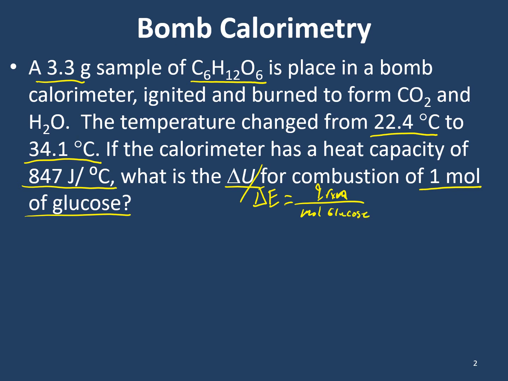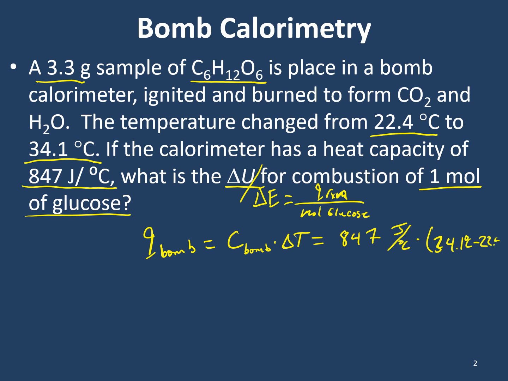So the first step here is to use our values to calculate Q of bomb. We know Q of the bomb is equal to C of the bomb times delta T. And that is equal to 847 joules per degree Celsius times our delta T, which is 34.1 degrees Celsius minus 22.4 degrees Celsius.